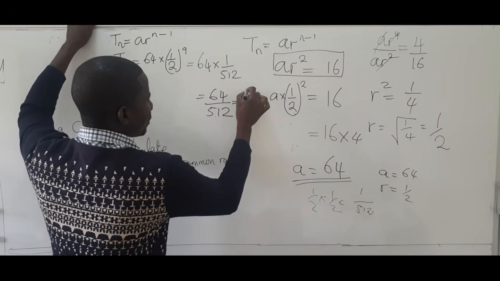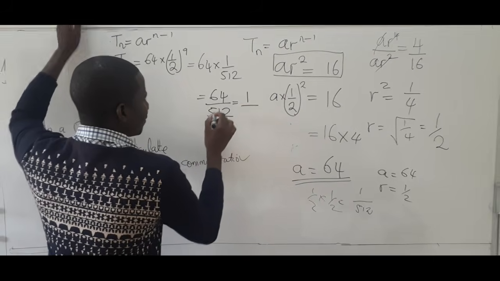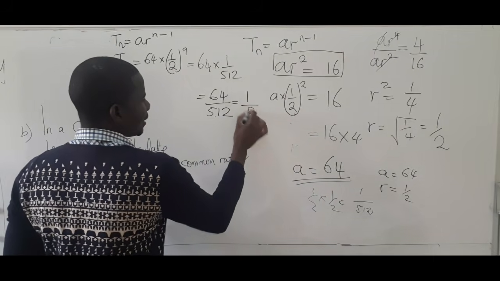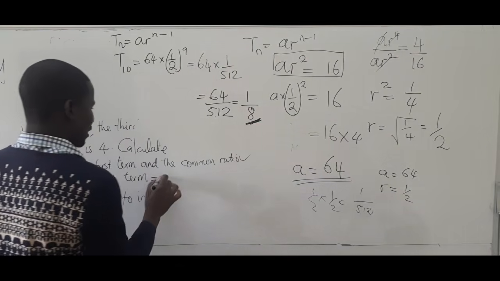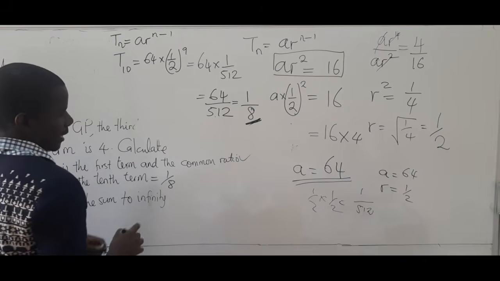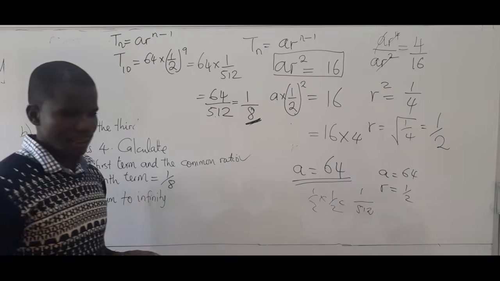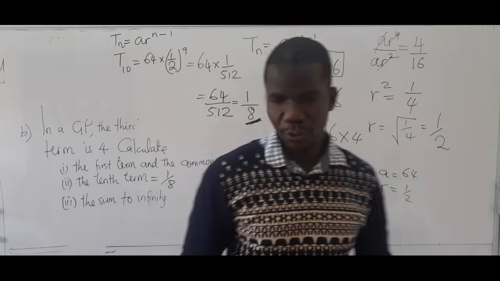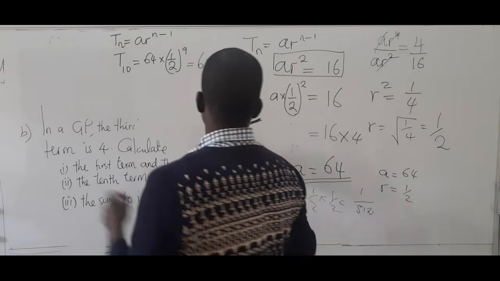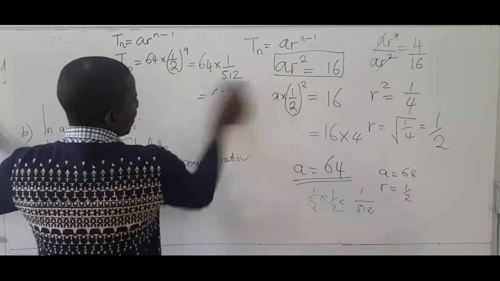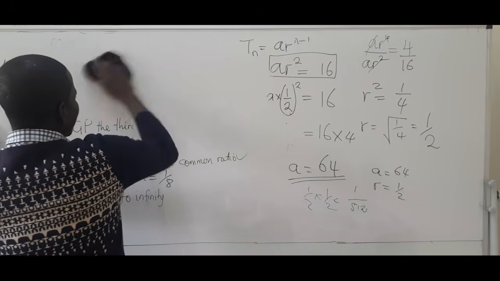So 64 into 64 is 1, and 64 into 512 is 8. So this is going to be our 10th term here, 1 over 8. So we can proceed and look at the other question.